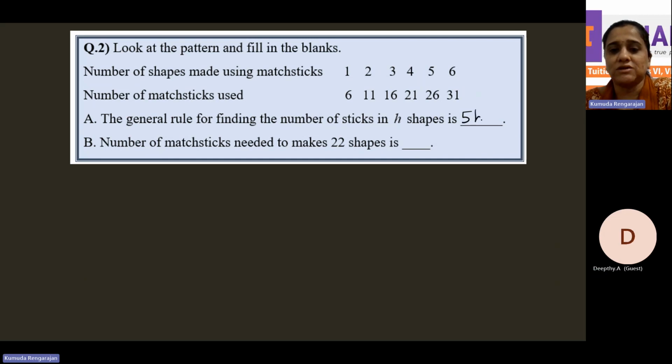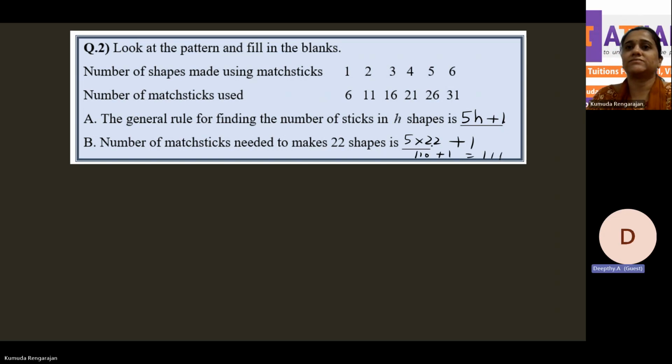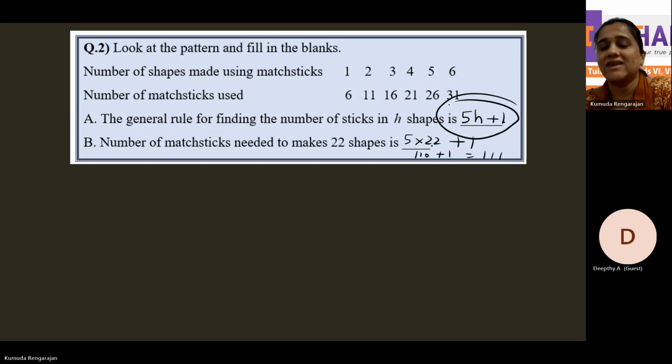So 5n plus 1 is the rule. Correct? And the number of matchsticks to make 22 shapes will be 5 into 22 plus 1. So 110 plus 1, 111, correct? That's the rule. 5n plus 1 and n is 22.